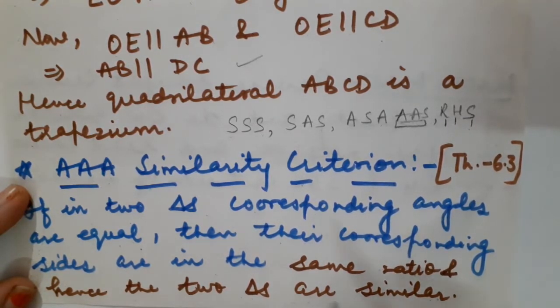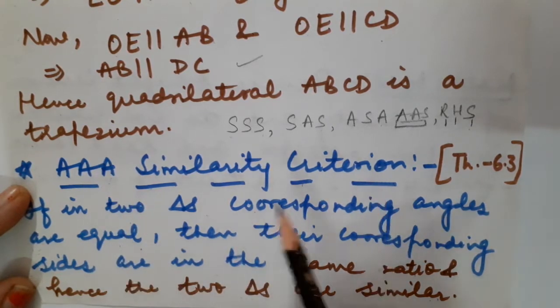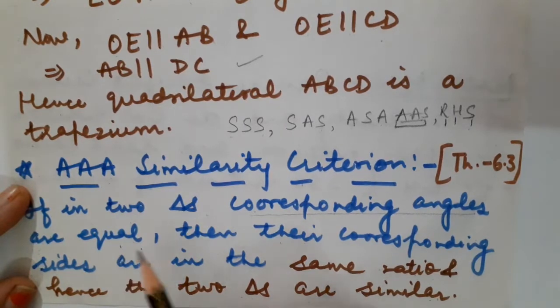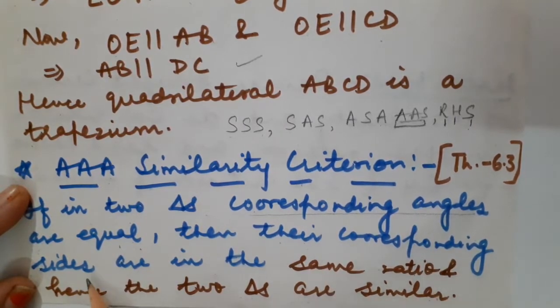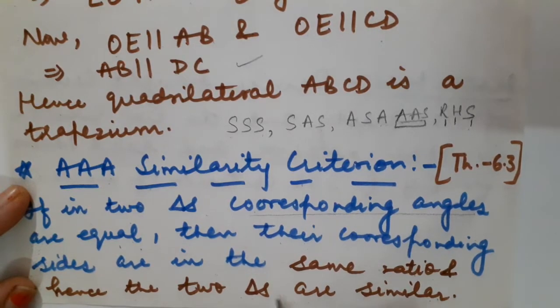As I explained, two triangles are said to be similar only if their corresponding angles are equal and their corresponding sides are in the same ratio. So according to the triple A similarity criteria, you will be given corresponding angles equal, and you will have to prove that corresponding sides are in the same ratio, and hence ultimately the triangles will be called similar.